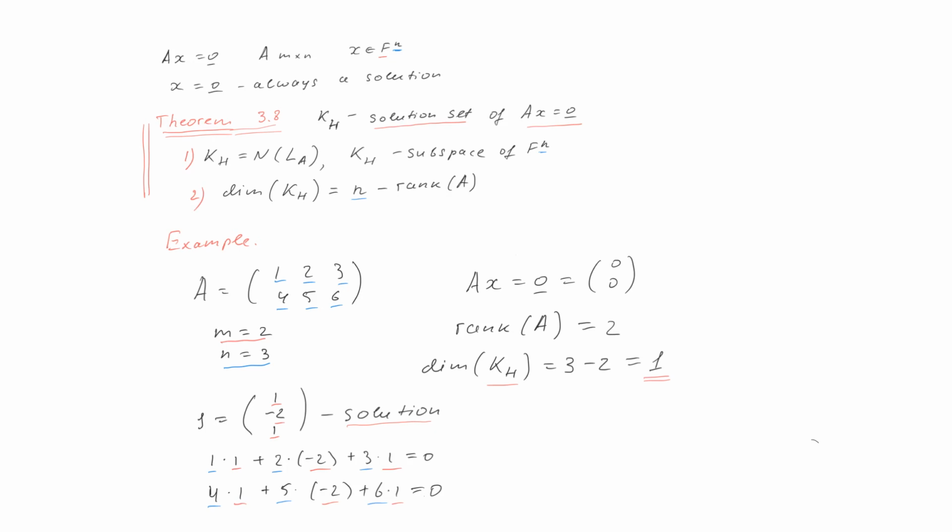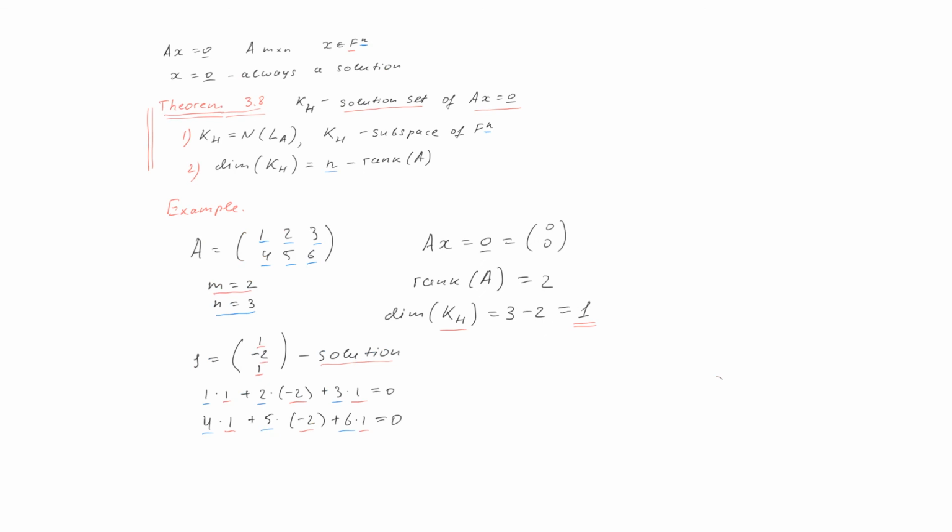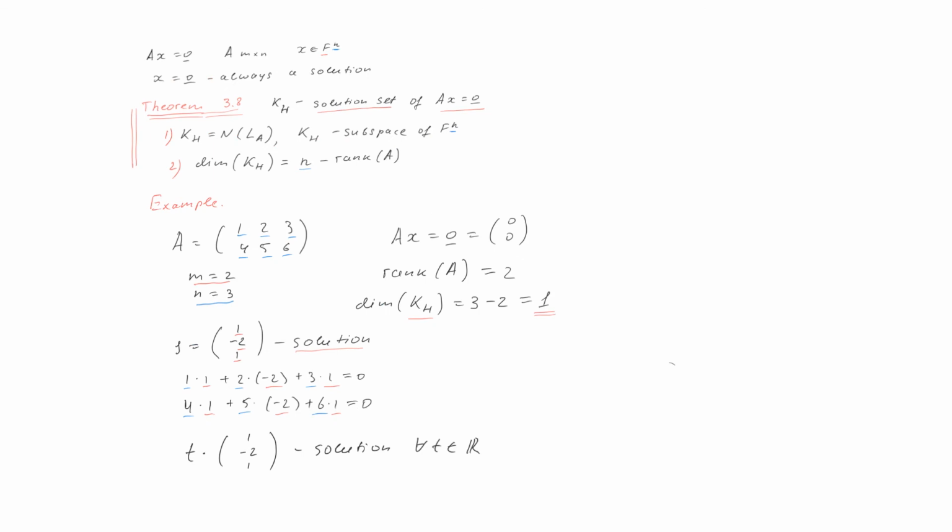Now my question to you is, what are the other solutions, and of which form will these other solutions be? Think about it, and then we'll continue. It is not difficult to check that if we take some number t multiplied by our solution s, then it also will be a solution for any t in R. Then how do you write the solution set?